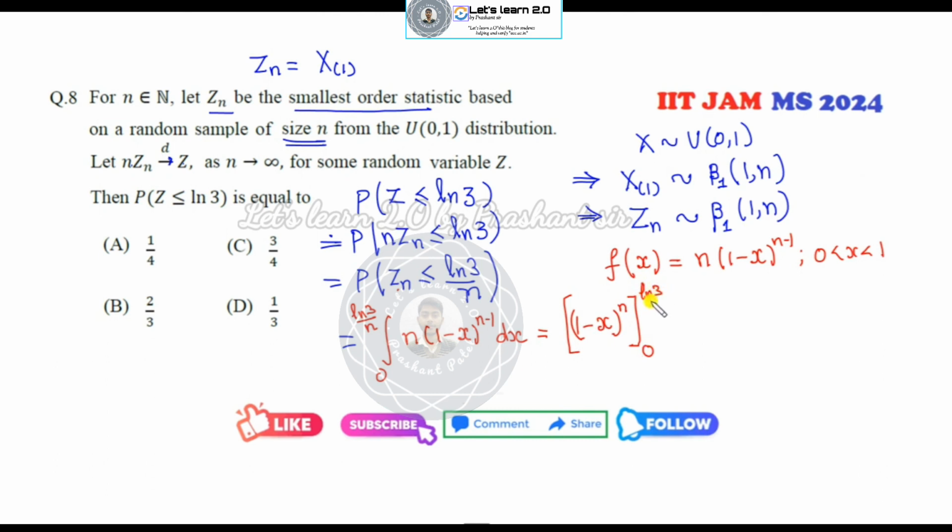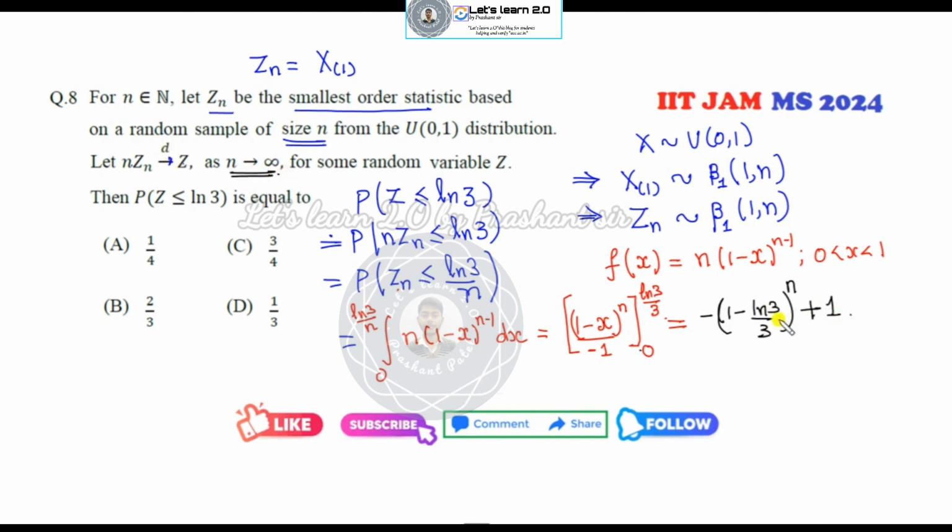When you substitute 0 to ln 3 over 3, this is n into this number, divided by minus 1. Now you can substitute the upper limit. It will be minus (1 - ln 3 over 3)^n. When you substitute 0, it is plus 1.